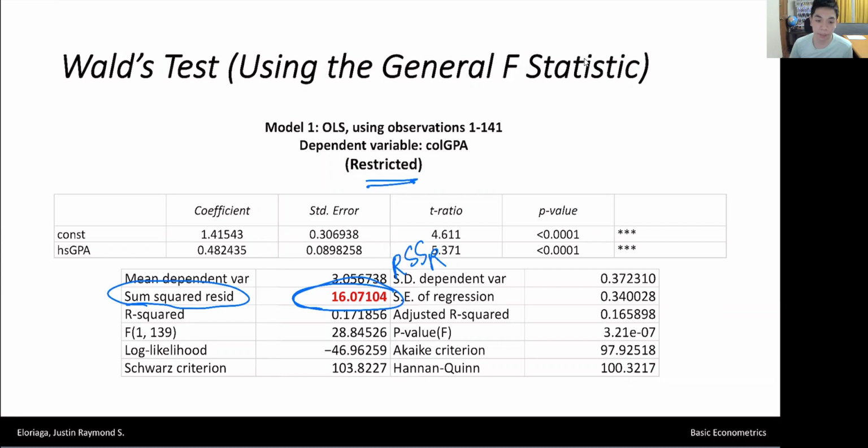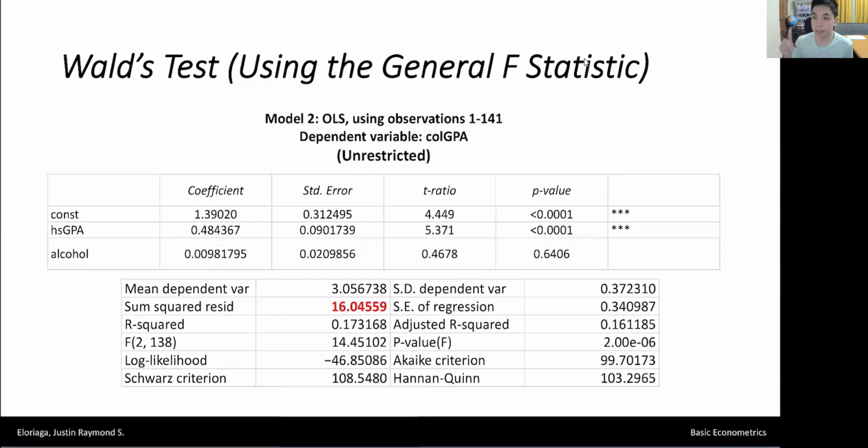Then you run the model with no restriction. This is your unrestricted model, and you can see that it's unrestricted because we have alcohol there. This value here is now your RSSUR.